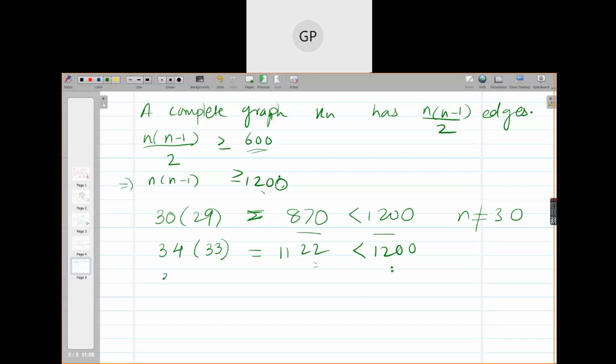So you can go to the immediate next number, 35. If I take 35, what is the answer? 1190. But 1190 is still less than 1200. What do we need? 1200 or more than 1200, right? Are you getting it?